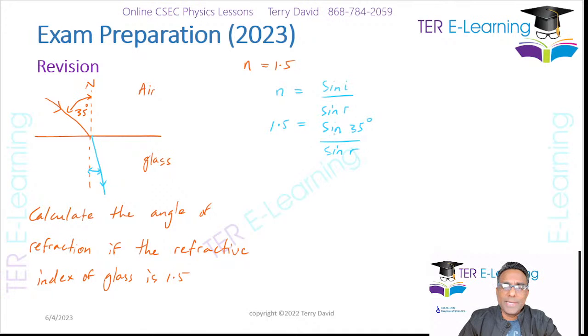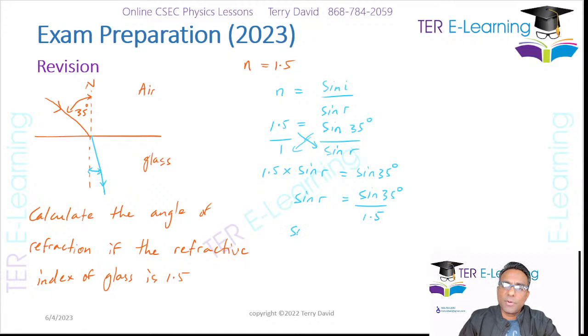Now at this stage, I've seen students struggle with a simple calculation like this. All you do is write 1.5 over 1 and you cross multiply. That's the easiest way to work this problem. So you can write 1.5 multiplied by sine r is equal to sine 35. Therefore sine r is equal to sine 35 over 1.5.